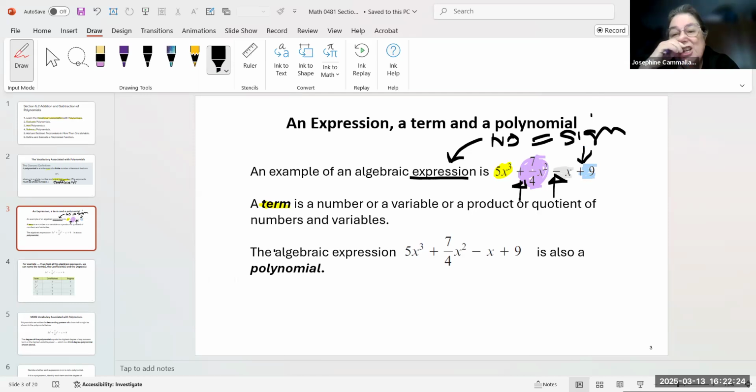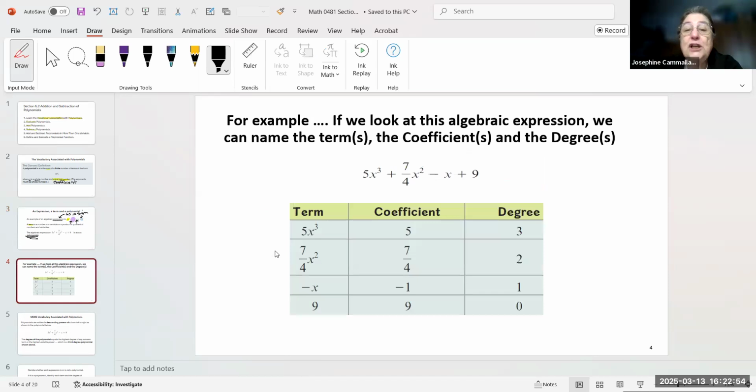Okay? So technically, I have 4 terms. Each put together has a sign in the middle. Now, this algebraic expression is known as a polynomial because we have powers of x, and they're different. Okay. Now, just as we saw before, you are going to see in ALEKS tables.